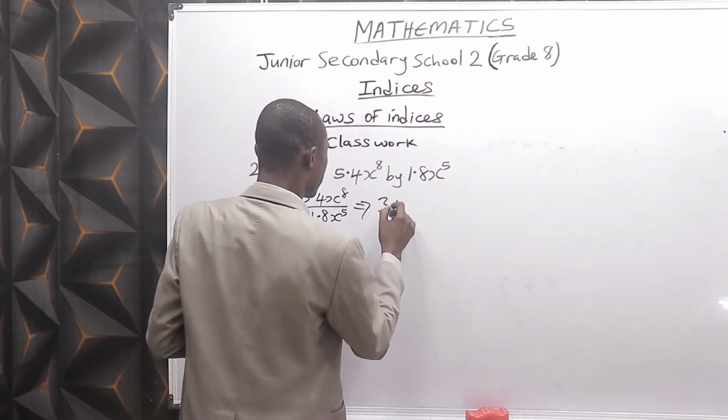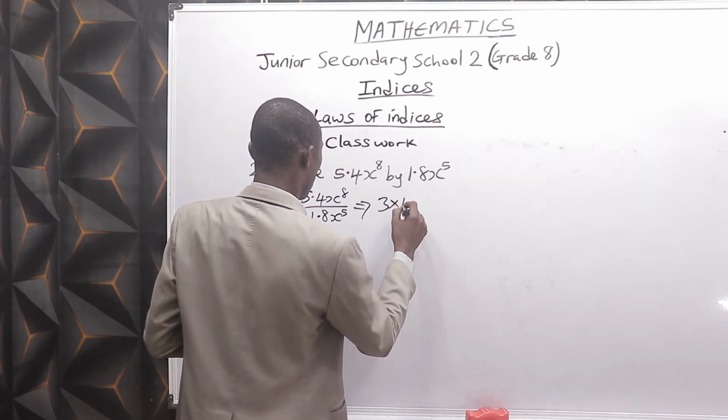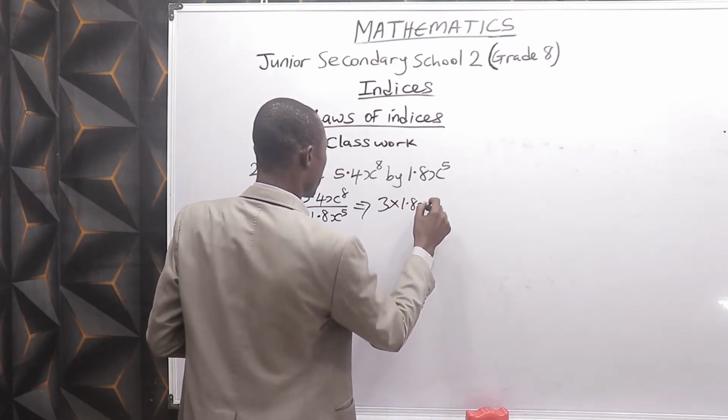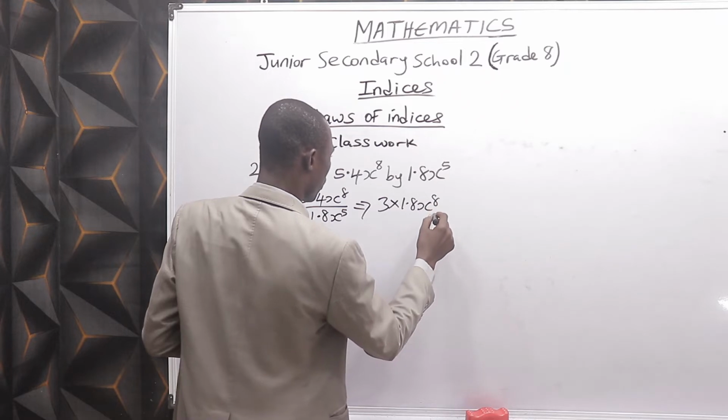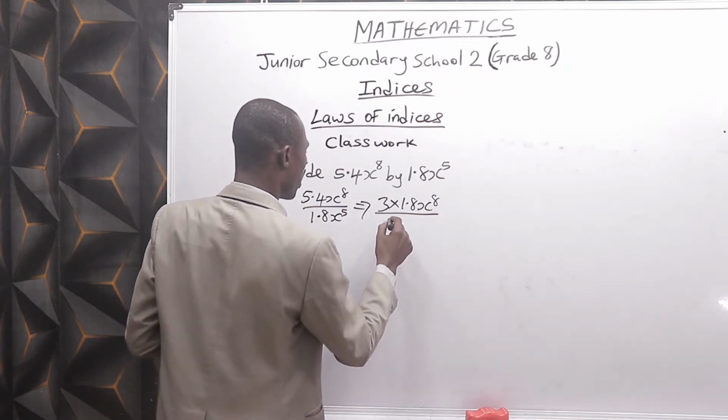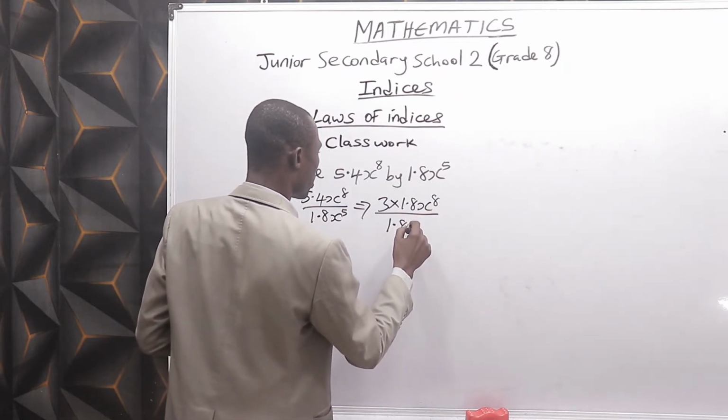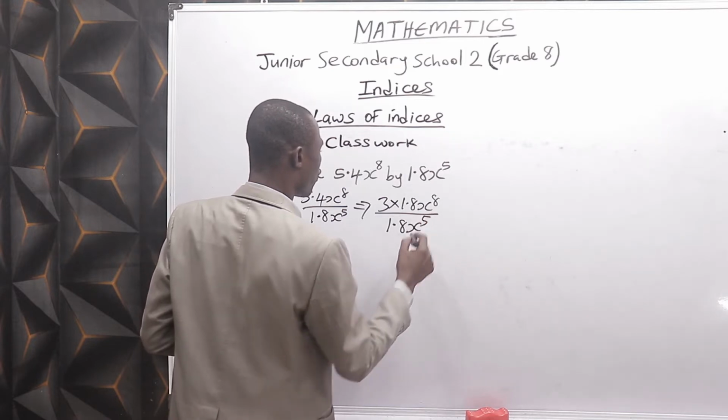So we have 3 times 1.8x raised to power 8 divided by 1.8x raised to power 5.